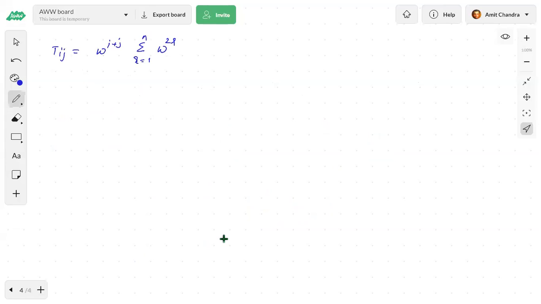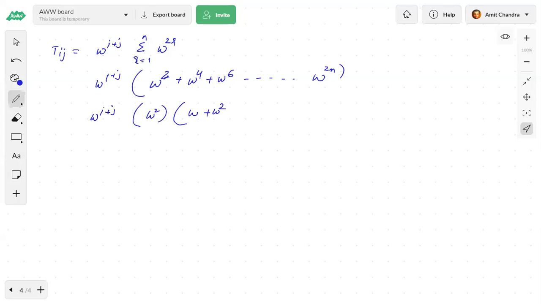So if I take the sum of this, from R equals 1 to n, this is omega I plus J, and then omega square plus omega to the power 4 plus omega to the power 6 and so on till omega to the power 2n, right?